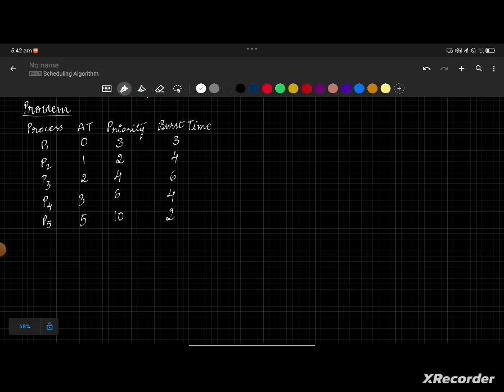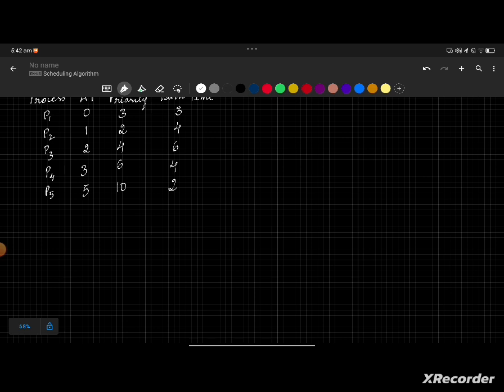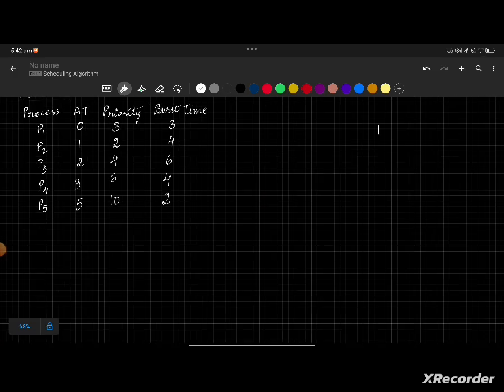Now at the 0th millisecond, when you start to schedule, only one process has arrived in the ready queue, that is P1. So you don't have a choice; you will be assigning the CPU to P1 itself.